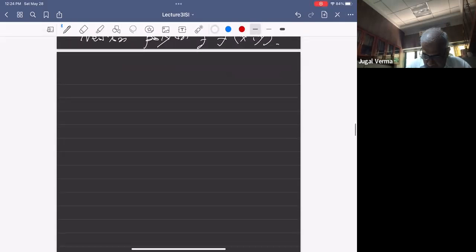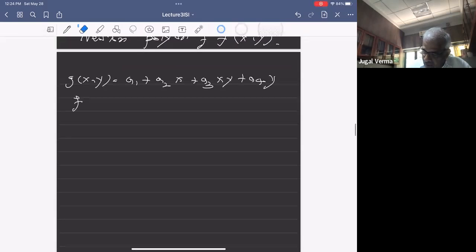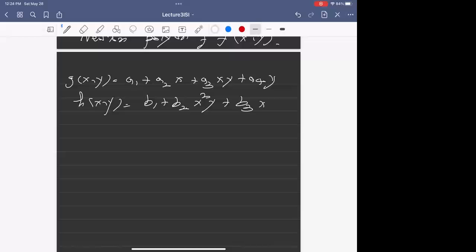Okay, so suppose I have a polynomial g(x,y), which is a1 plus a2 x plus a3 xy plus a4 y, or another polynomial h equal to b1 plus b2 x^2 y plus b3 xy^2.